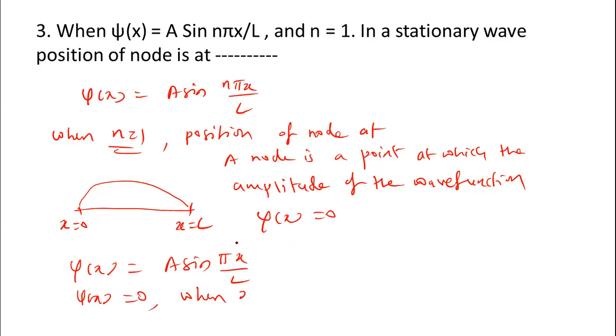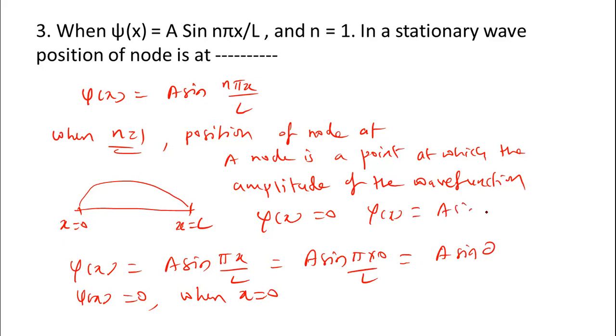And in the same equation, psi x equals a sine pi x upon L, we can put x equal to L. So psi x equals a sine pi, with n equal to 1, x equal to L divided by L. So L gets cancelled, and sine pi, that is sine 180, is also 0.